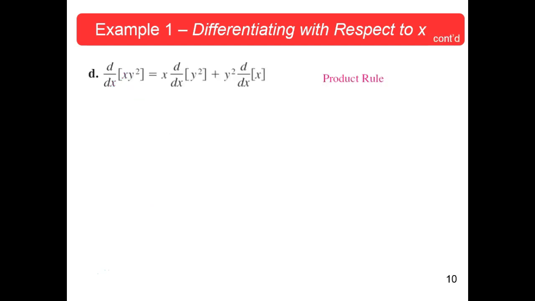Okay. So here is the d one. What would that be then? d/dx of x y squared. What would you do here? You have to do the product rule. Product rule.